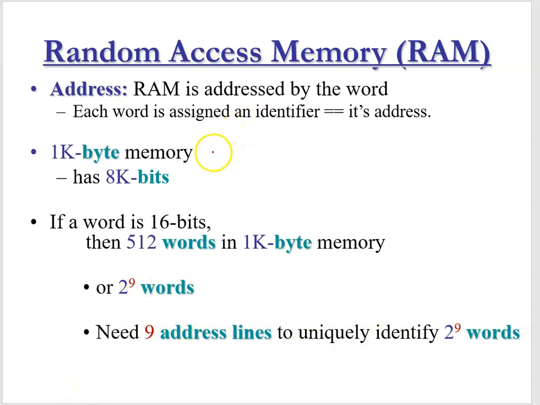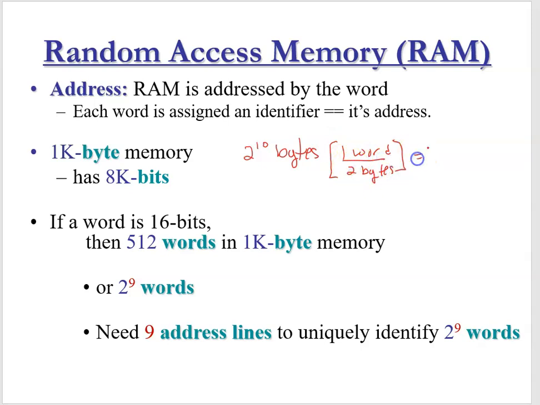So we could work that out. Our 1 kilobyte memory is 2 to the 10 bytes of memory, but we have 2 bytes per word, so we have 1 word for 2 bytes.